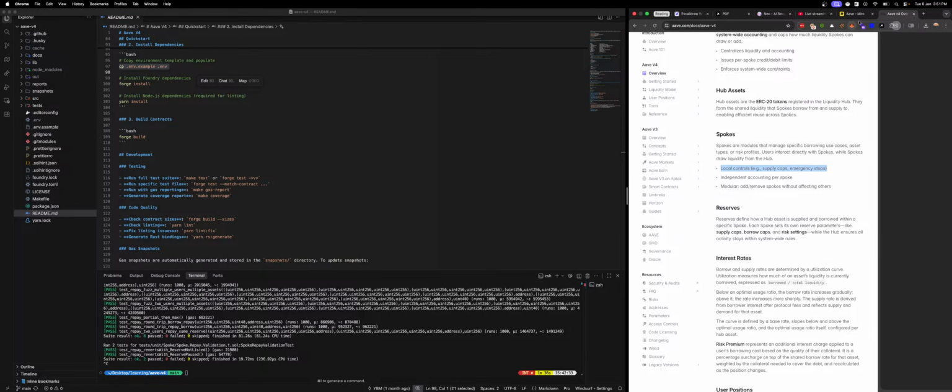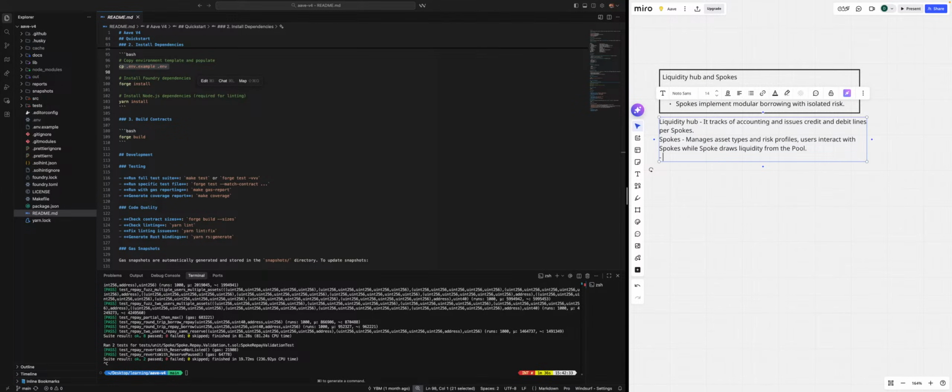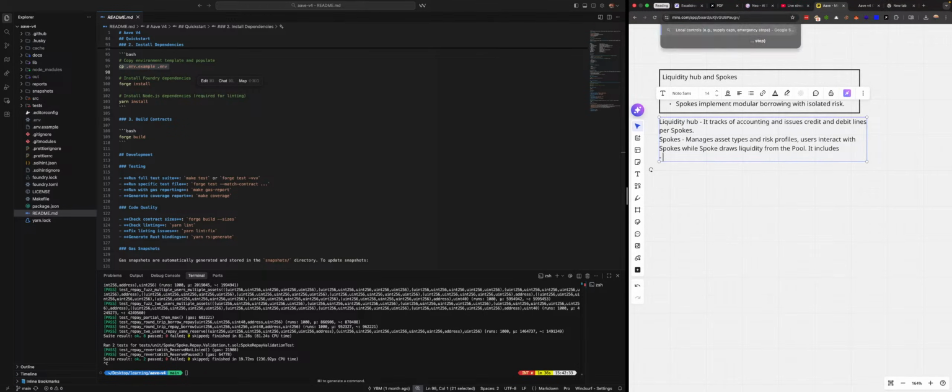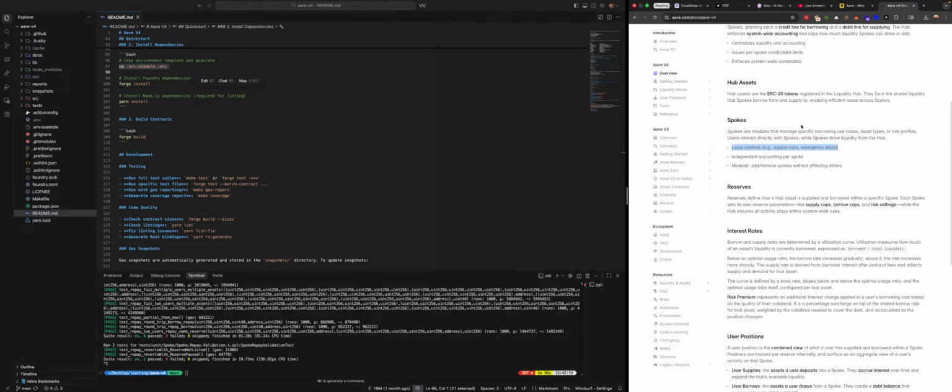So it is good to make note of that. It includes local control and accounting.